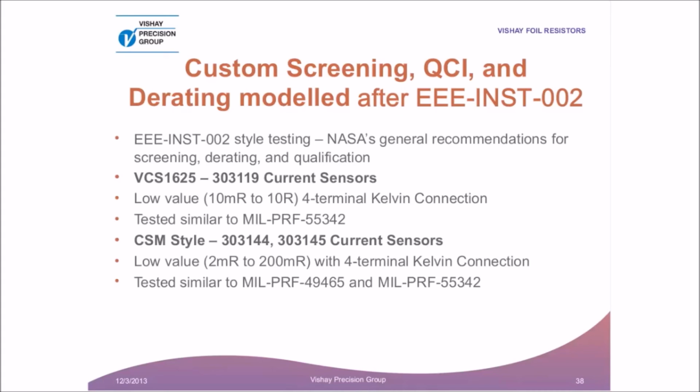Our CSM style resistor is available either as part number 303144 or 303145 in the value range 2 milliohms to 200 milliohms, and is tested to MIL PRF 49465 and MIL PRF 55342. These are obviously additional screening that is done in the factory for these products for military and space applications.